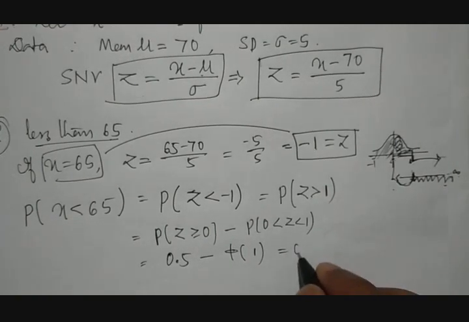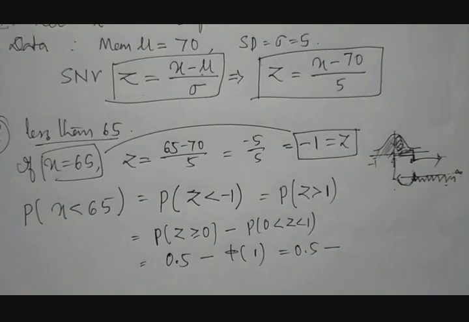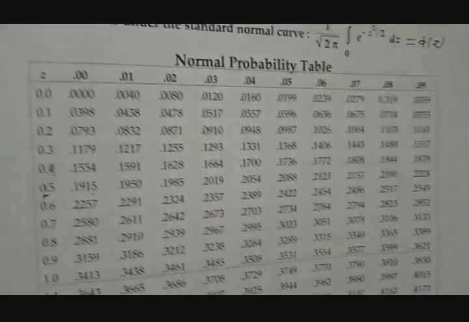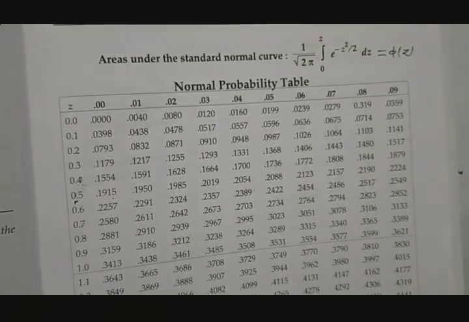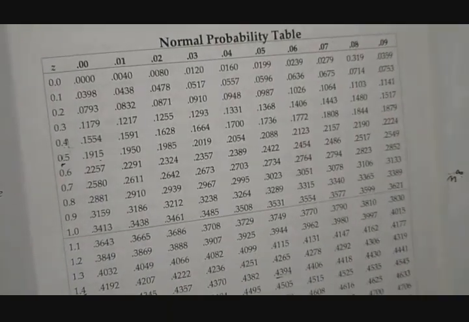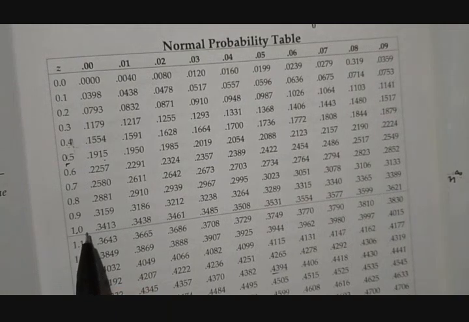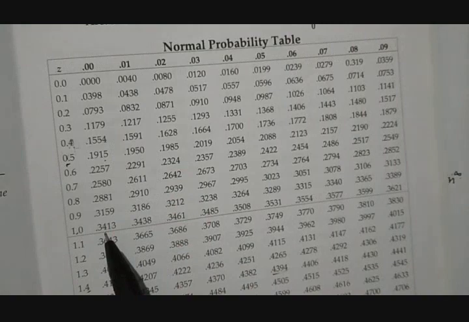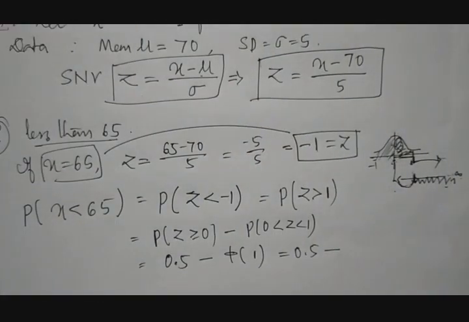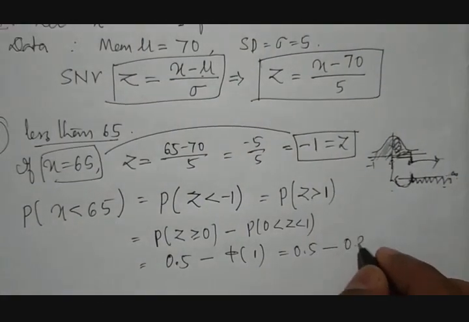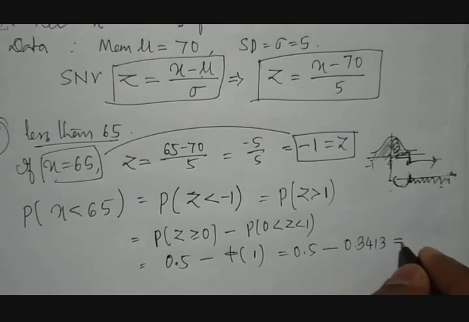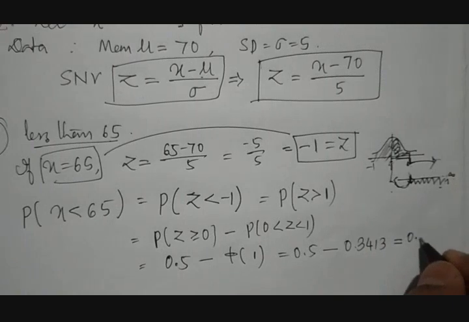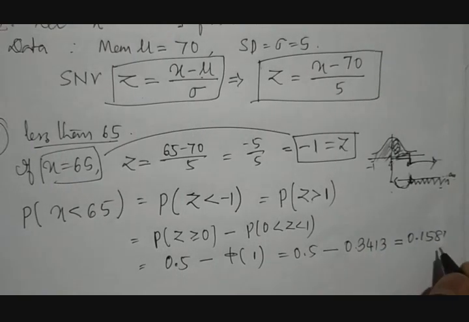Fine, which is equal to 0.5 minus, let us see what is phi of 1 from the table. Phi of 1 means what is 1 here? 1 is nothing but this 1.0. So what is 1.0 with 0? 0.3413. Therefore, if you take 0.5 minus this, it becomes 0.1587.